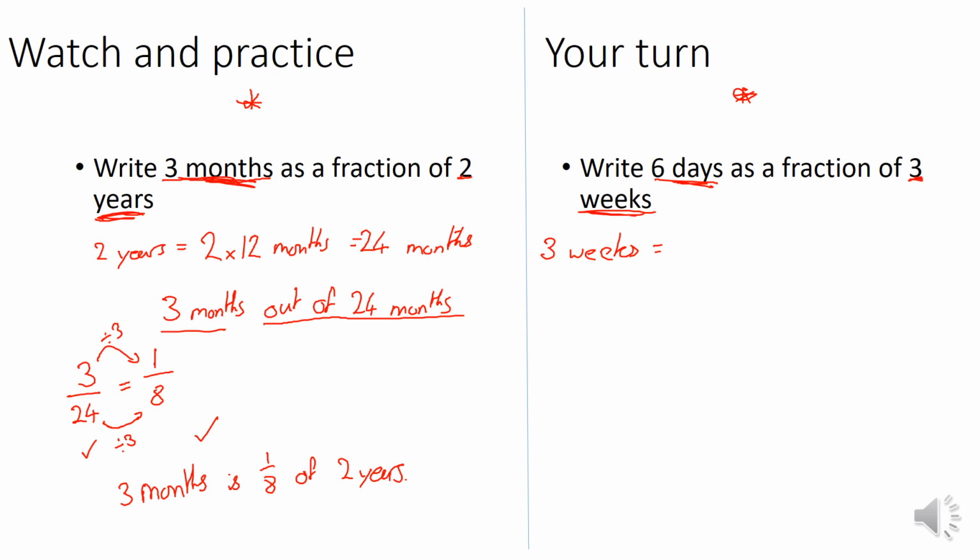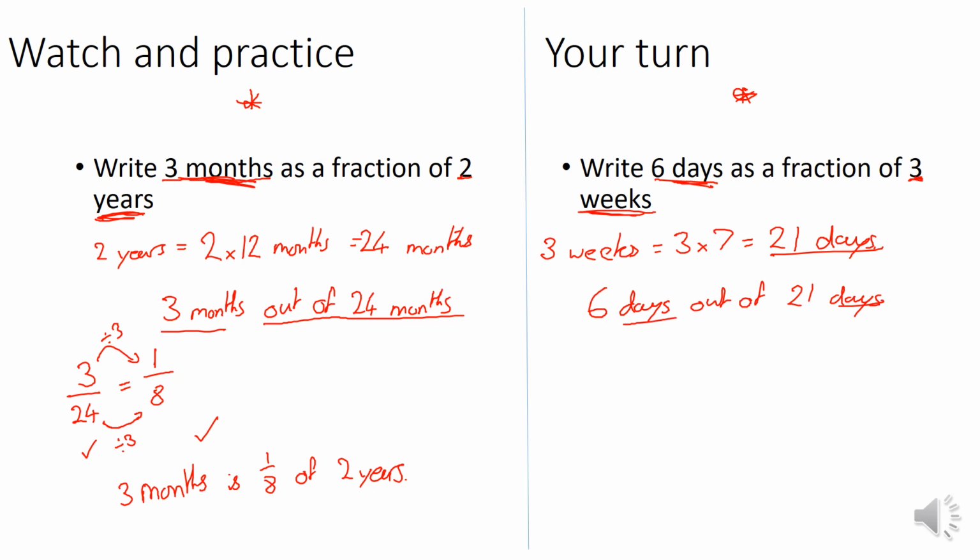So 3 weeks is 3 times 7 equals 21 days. So we've got 6 days out of 21 days. Now we've got days for both, we can carry on.